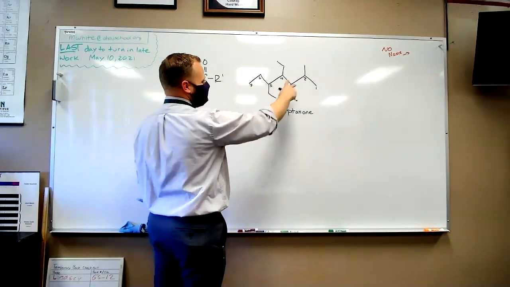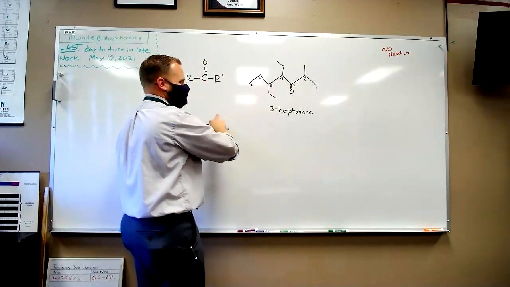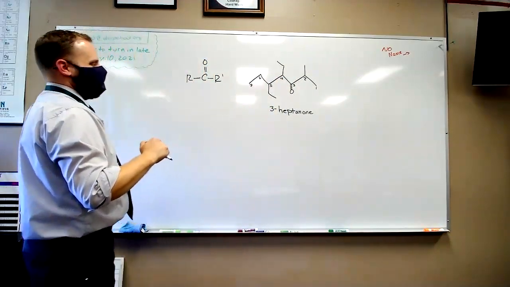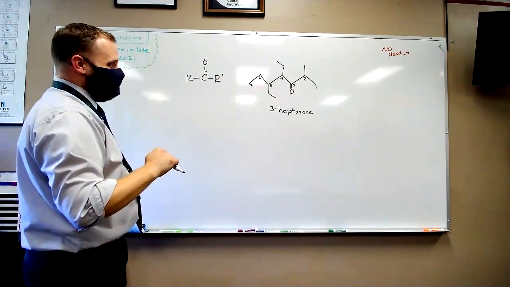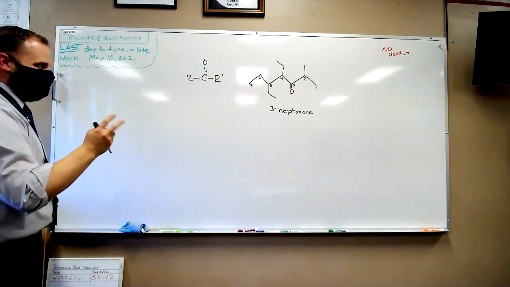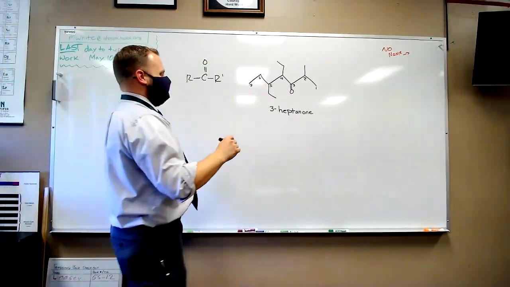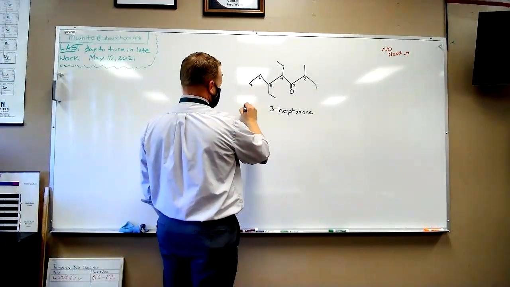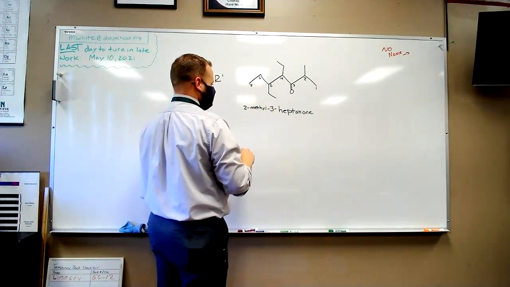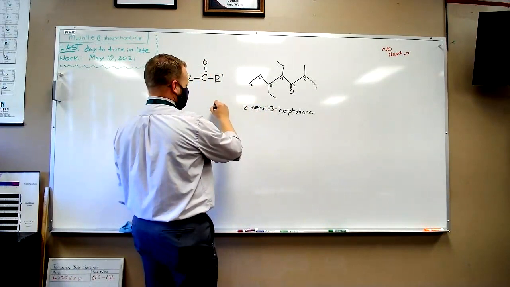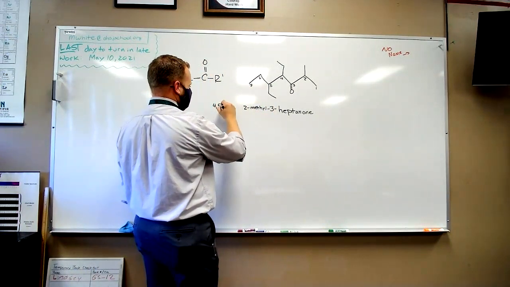We need to put those in the name, and get them in the right order. Remember, ethyl is going to come before methyl because E comes before M. It's alphabetical. So we put our 2-methyl right there, and then 4,5-diethyl.